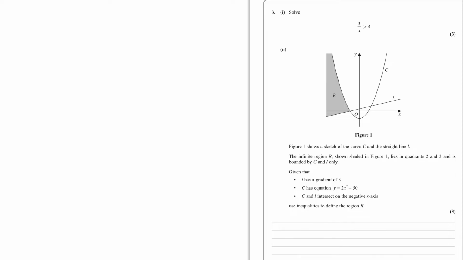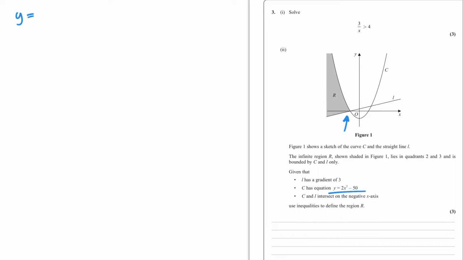Okay, part 2 looks a little bit harder than it probably is. Now where we want to start is at this intersection point here. We know the equation of this curve, so let's find the 2 points where it hits the x-axis, so when y equals 0.